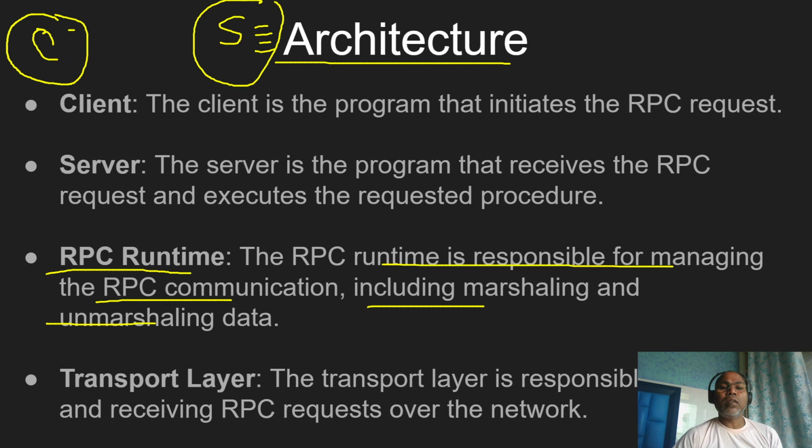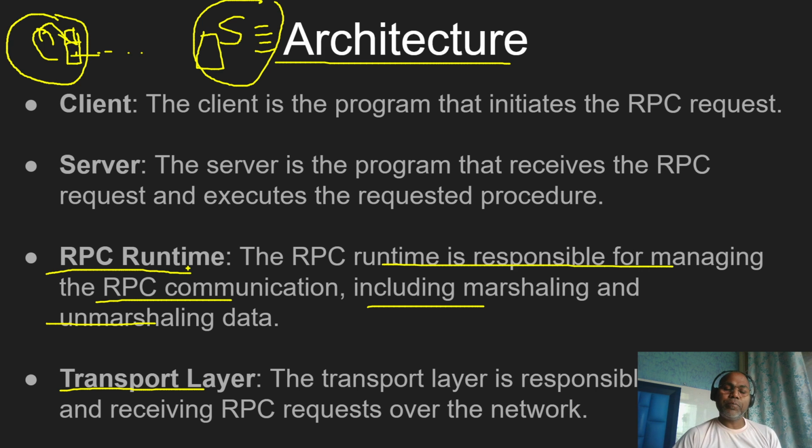Here there would be one small program, the RPC runtime, on each side. The RPC runtime is responsible for taking your original input format, converting it to marshaled data, and sending it on the transport layer.